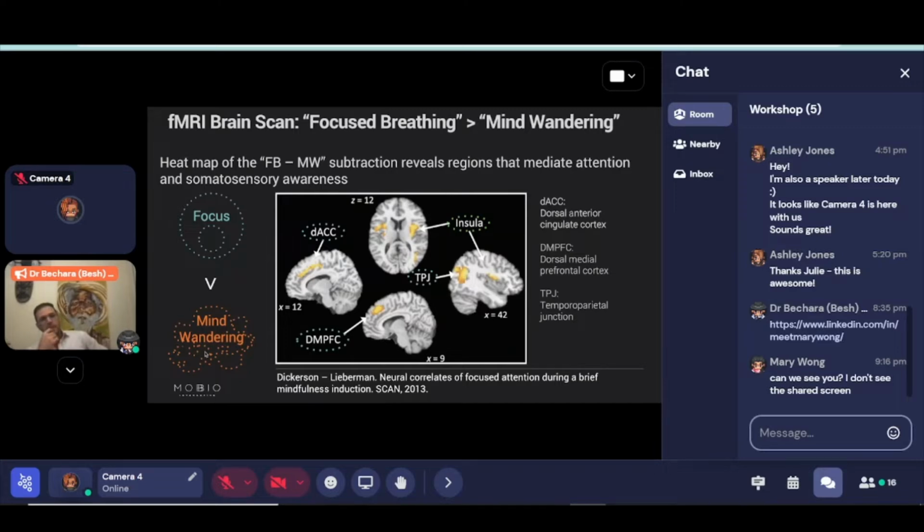Here we have this heat map of focused breathing, FB, minus mind wandering, MW, and the regions that mediate the intention that we have, as well as the somatosensory awareness. So if you were just doing focused breathing on a visual cue, for example, then some of the somatosensory awareness regions may not show up.